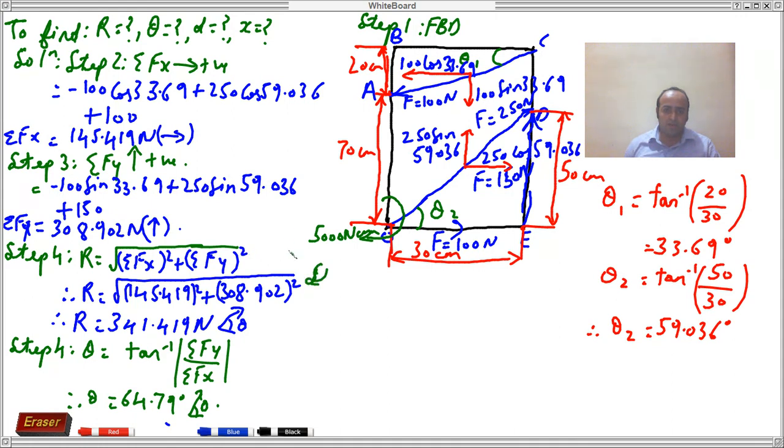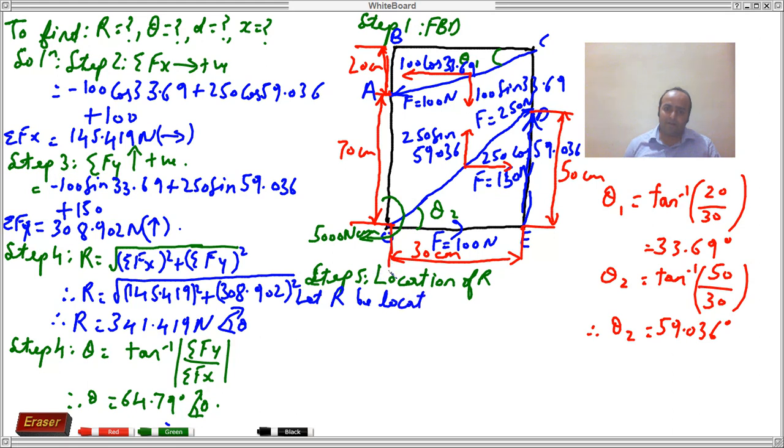Now location of R with respect to O. Step 5, that is location of R. I will be writing, let R be located at a perpendicular distance, small d, to the right of O. I can erase this, my dear friends.